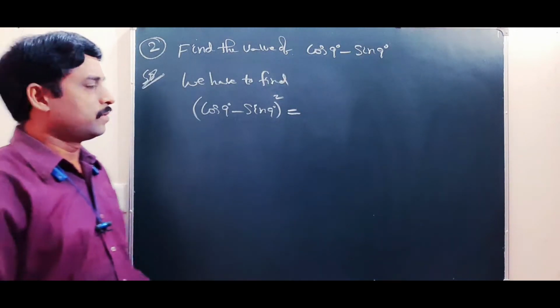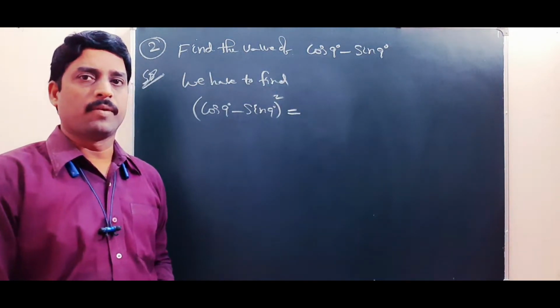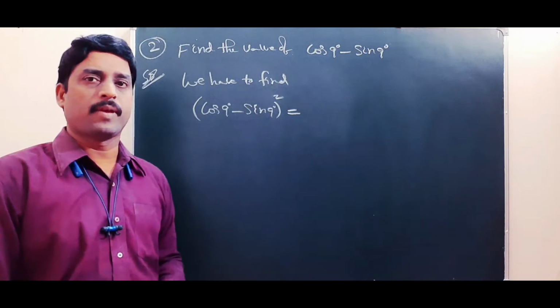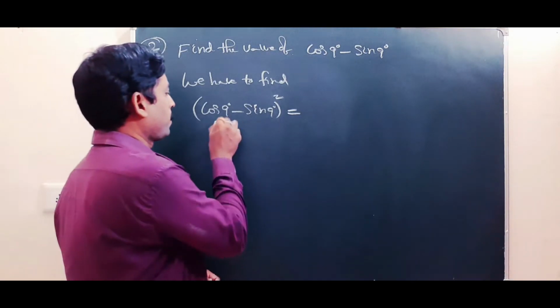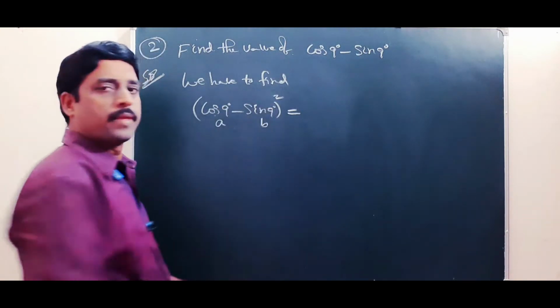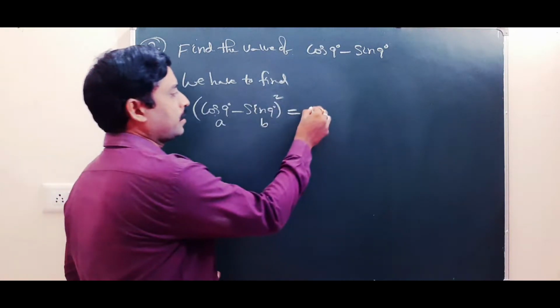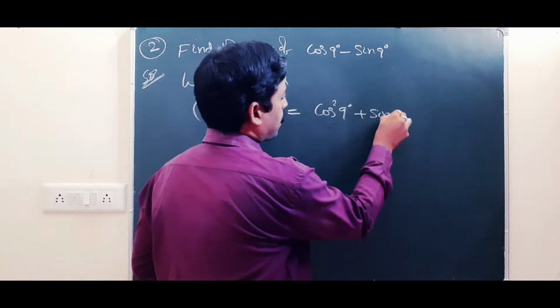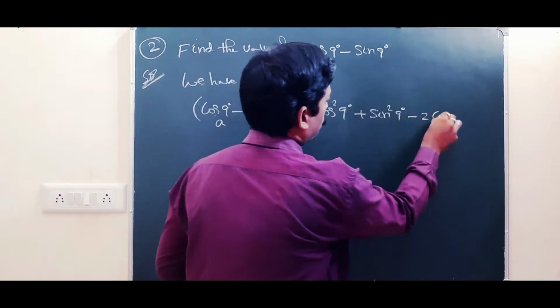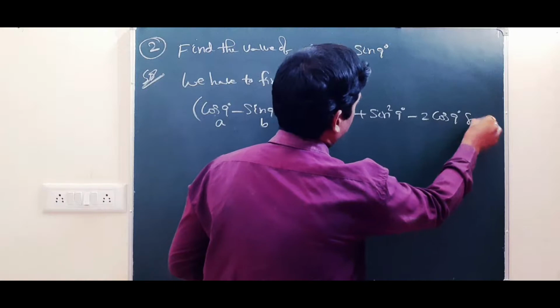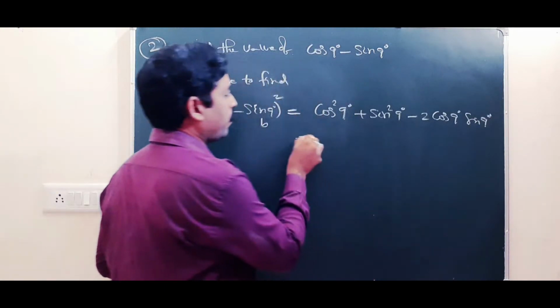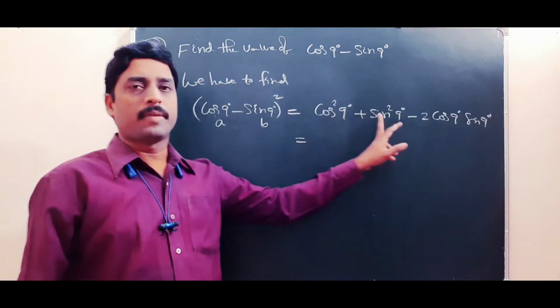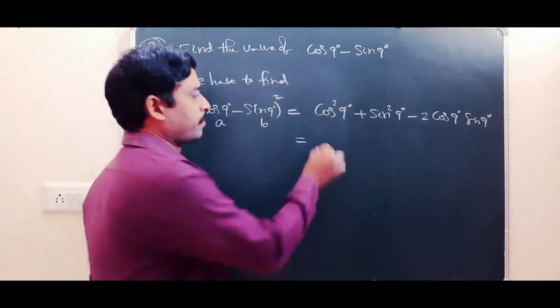So we apply the a minus b whole square formula, a square plus b square minus 2ab, where a is cos 9 and b is sin 9: cos square 9 plus sin square 9 minus 2 cos 9 into sin 9. It is going to be cos square 9 plus sin square 9, which is 1.